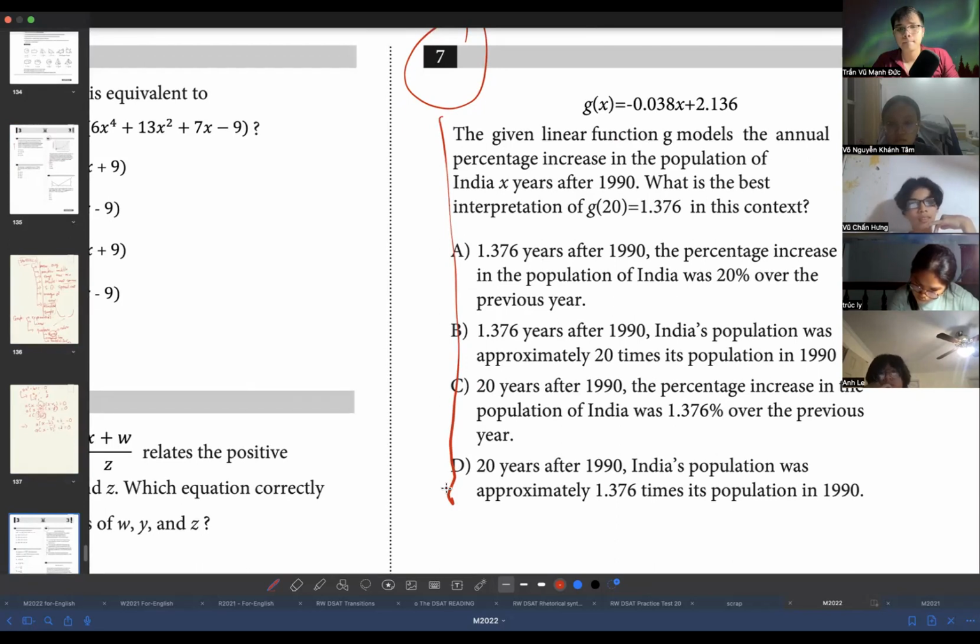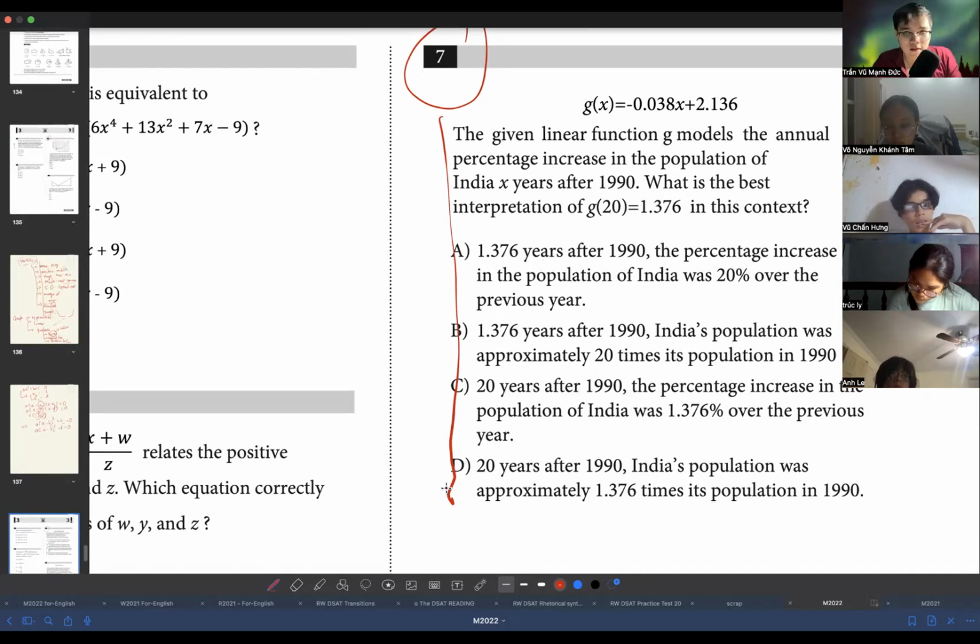B is obviously wrong, and 1.376 times makes more sense than percentage.